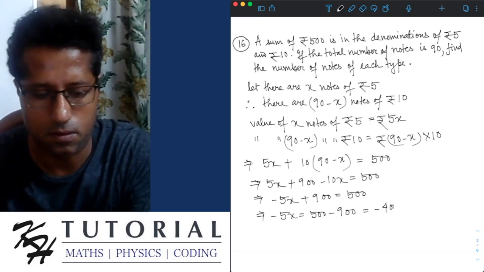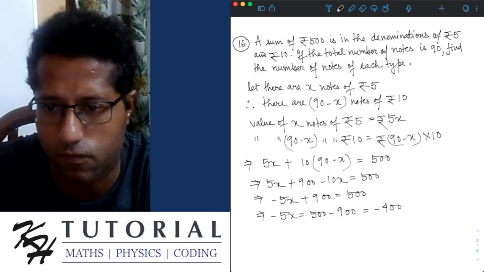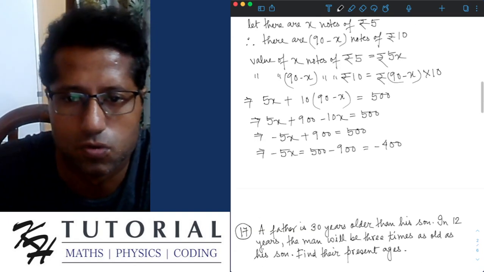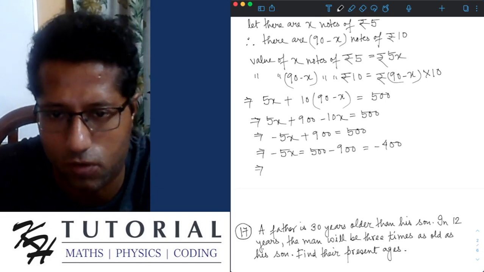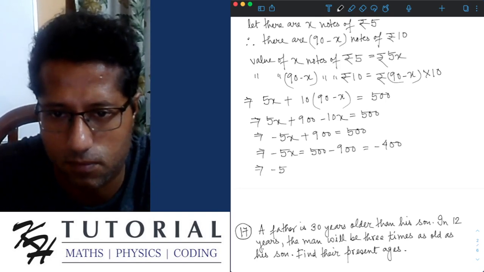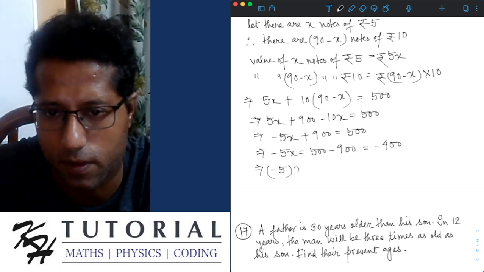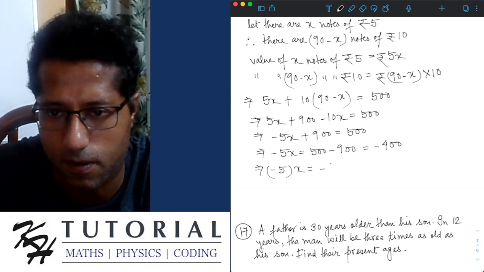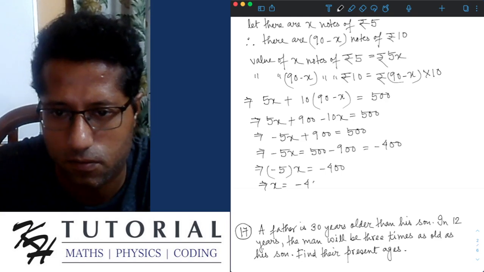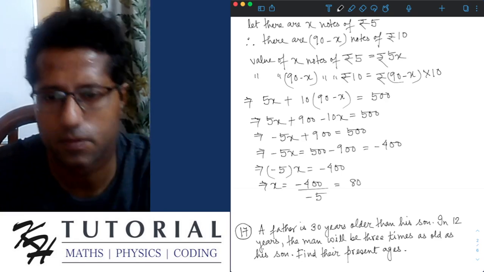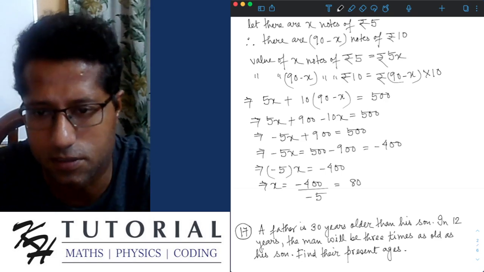So we got minus 5x equals minus 400, and minus 5x is nothing but minus 5 into x equals minus 400. This implies x equals minus 400 divided by minus 5. This is 80.